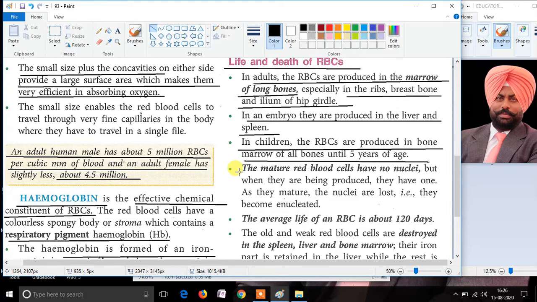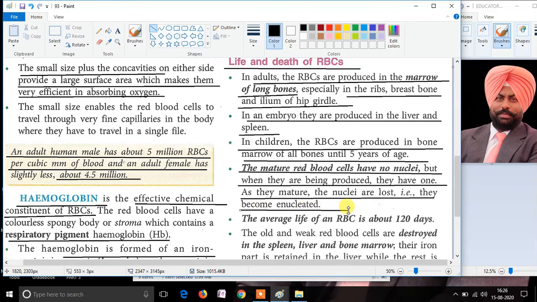Moving on further, the red blood cells, when they become mature, lose nuclei. They were having the nucleus when they were born, but when red blood cells become mature, the nucleus is lost, and now you can say that the red blood cells have become enucleated.